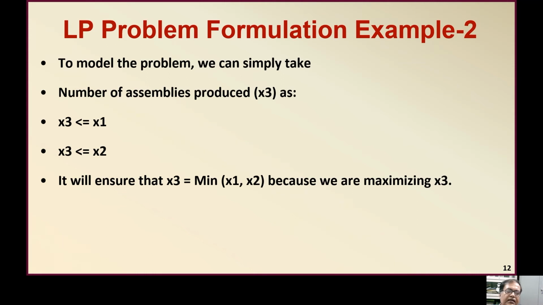Suppose x1 is 30 and x2 is 20, then x3 should be equal to 20. So what would happen, because you are maximizing x3, x3 would always take the best possible value. And that best possible value in this particular case, when x1 equals 30 and x2 equals 20, will be 20. Is it not? Suppose x3 is 19, then you have not maximized.